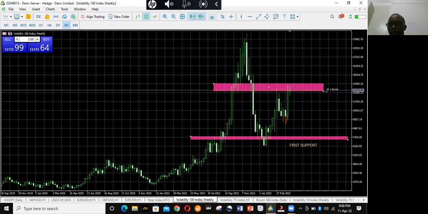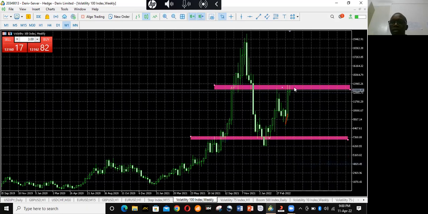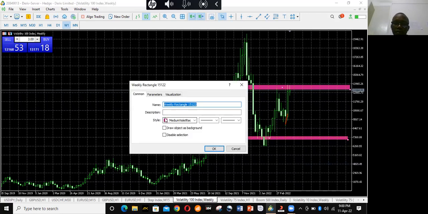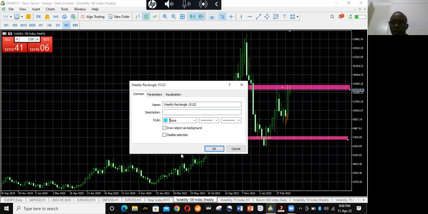Make sure that you cover the highest possible price, and you limit on the lower part. Yes, this is our demand zone. This is our supply at the bottom, and on top it's our demand zone. Let's change the color here, because we want people to concentrate and know what we're doing.